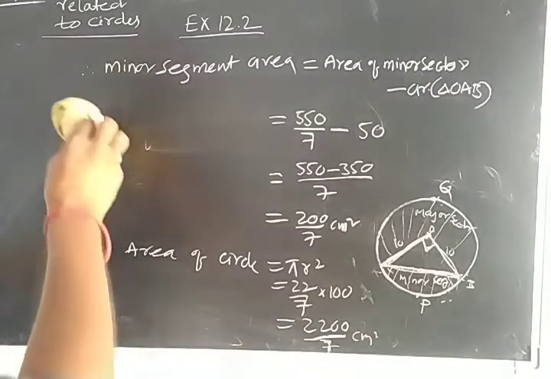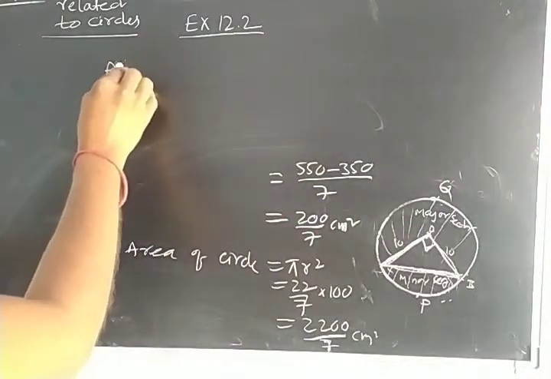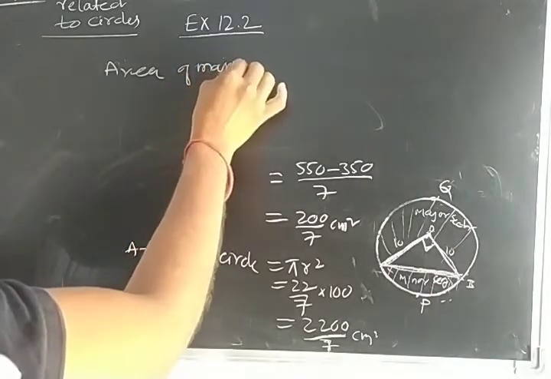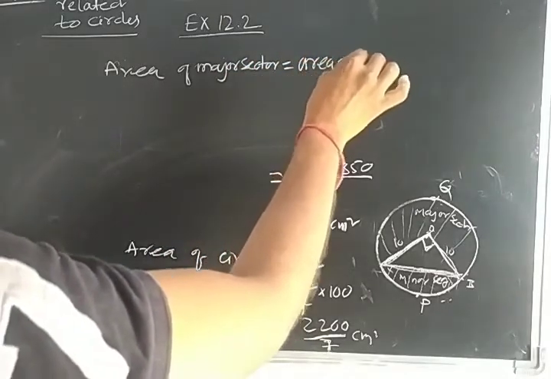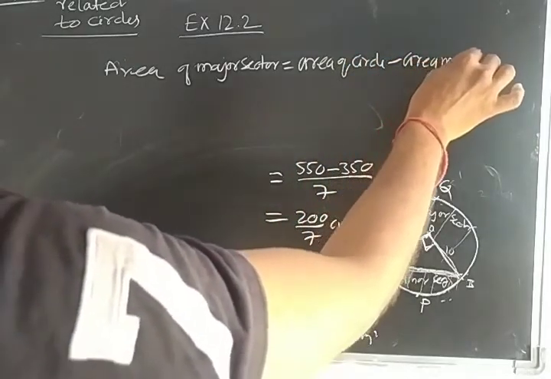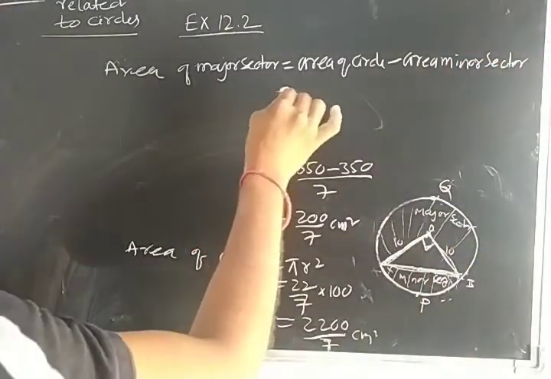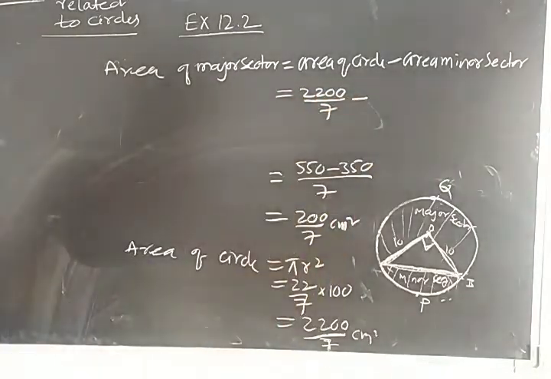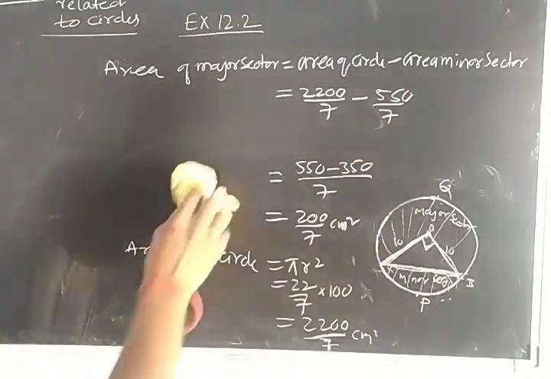Now I am going to find the area of the major sector. How to get the area of the major sector? Area of circle minus area of minor sector. Area of circle is 2200 by 7 minus the area of minor sector, what we got, 550 by 7, right?